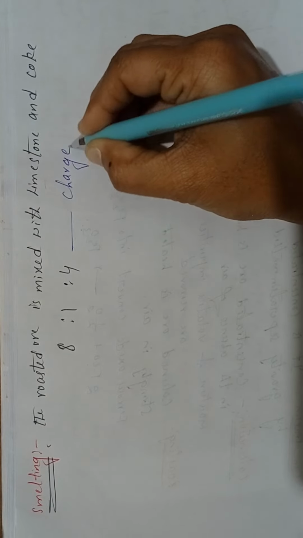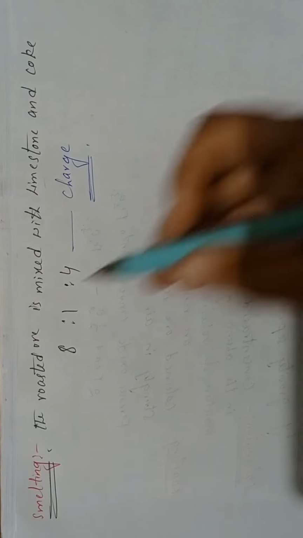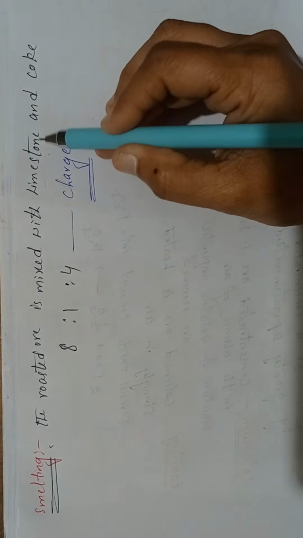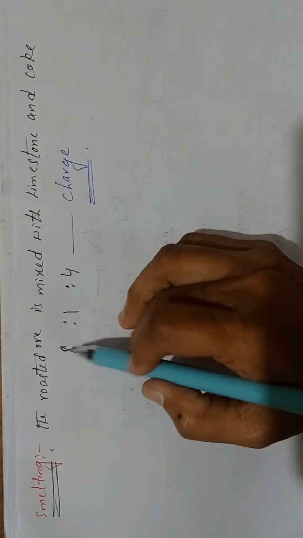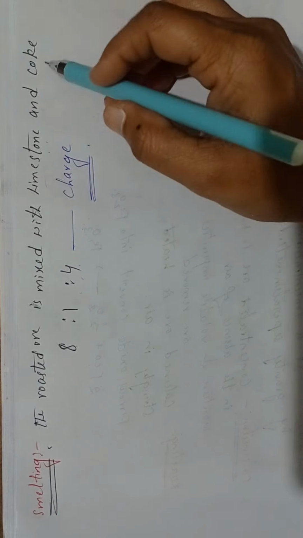This mixture is called a charge. What is the charge, students? The mixture of the ore, limestone and coke: 8 parts ore, 1 part limestone, and 4 parts coke.